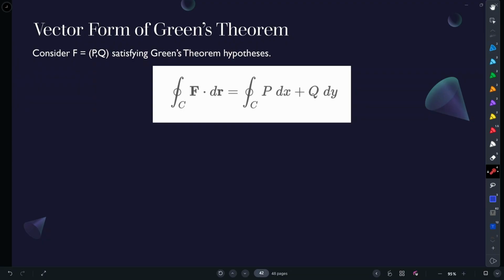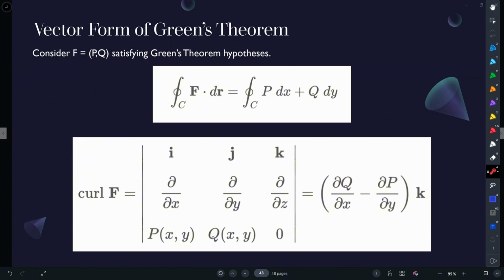Okay, let me just finish up with a reformulation of Green's theorem. Green's theorem says something about line integrals over a closed path C. Because somebody asked, can you take the curl of a flat vector field, a vector field in 2 dimensions?